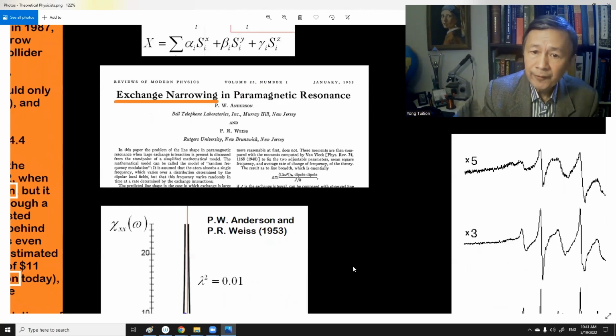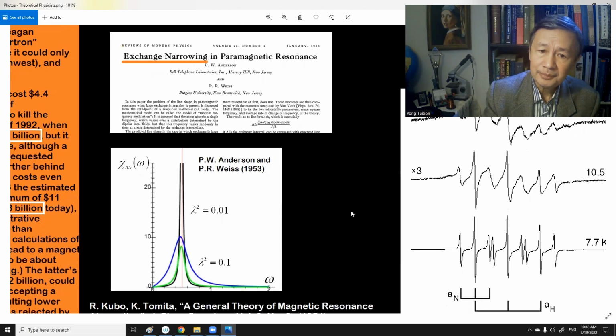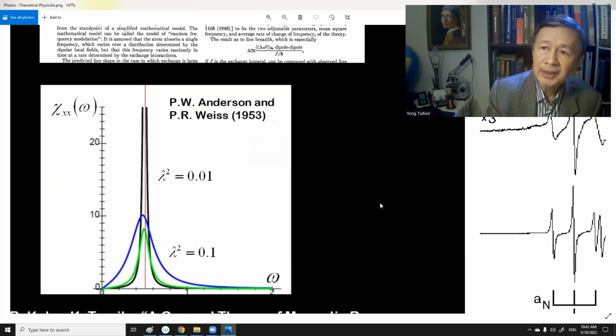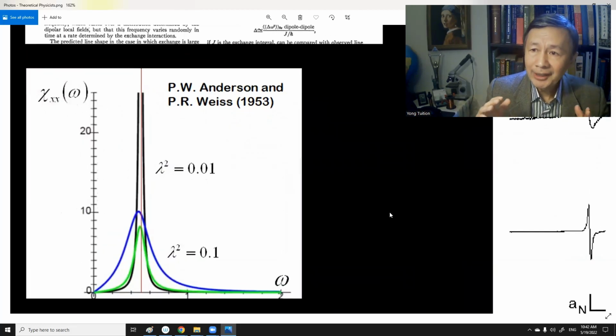In short, as early as 1953, Anderson could theoretically formulate the exchange effect on the detected magnetic resonance spectra. In other words, if the exchange interaction is strong, then the line gets narrower, which is very strange.